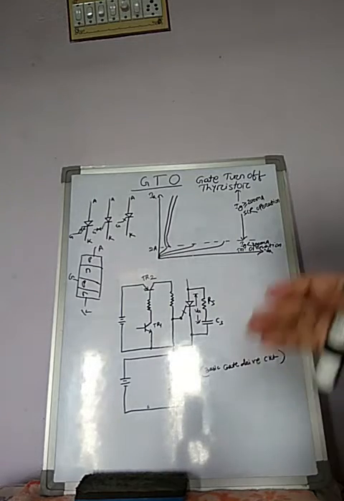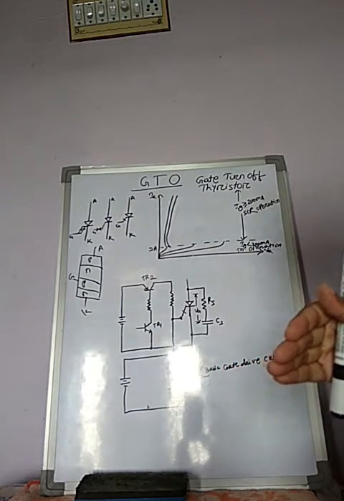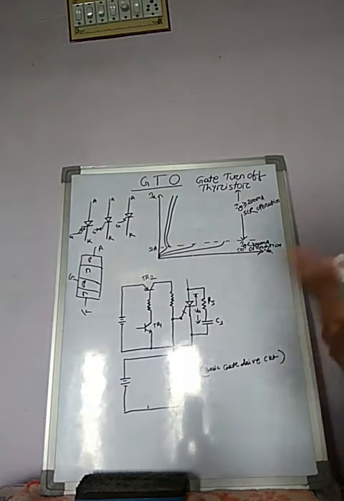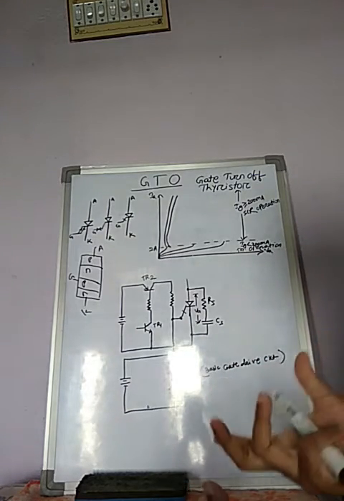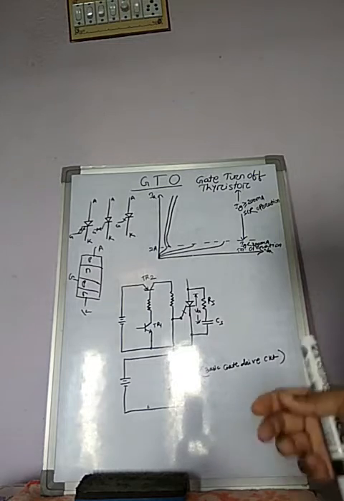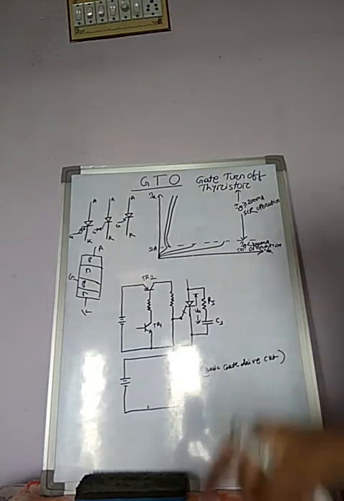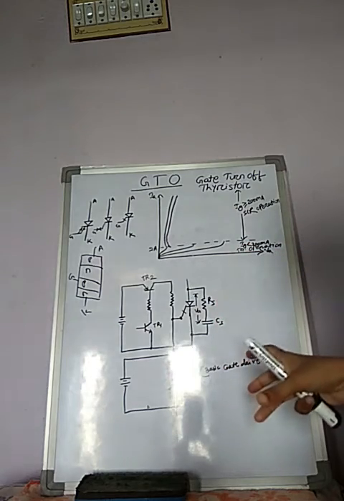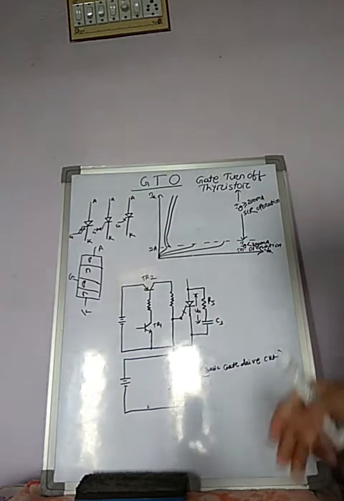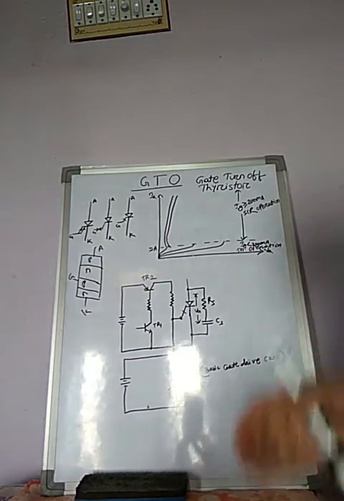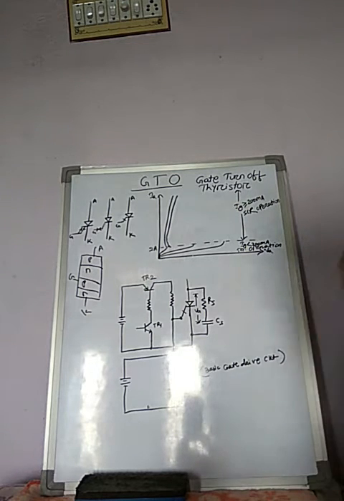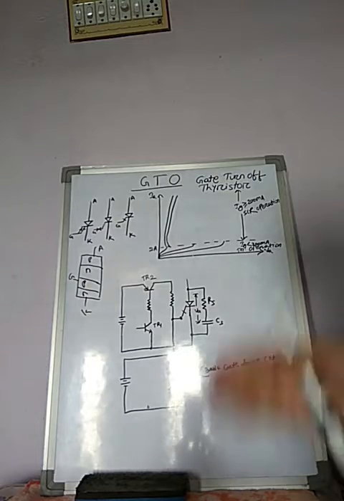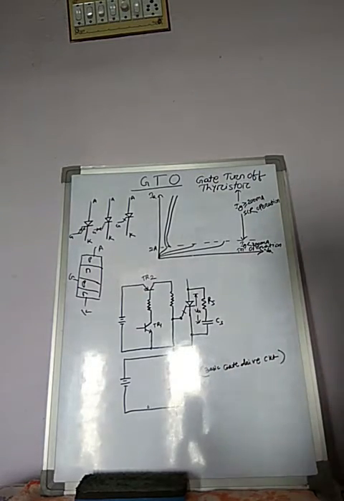To perform forced commutation, we need some extra circuitry and extra elements. To avoid that, for inverter and chopper circuits where the turn on process is like an ordinary thyristor and the turn off process is by forced commutation, the thyristor is replaced by the GTO.